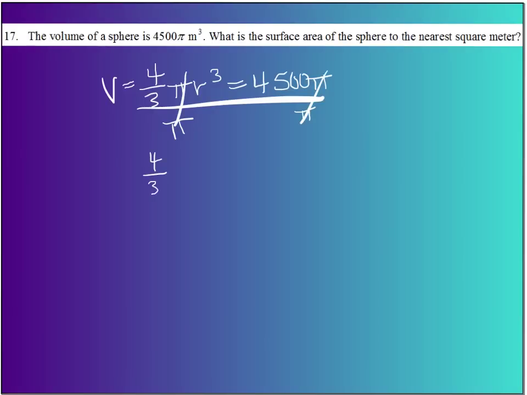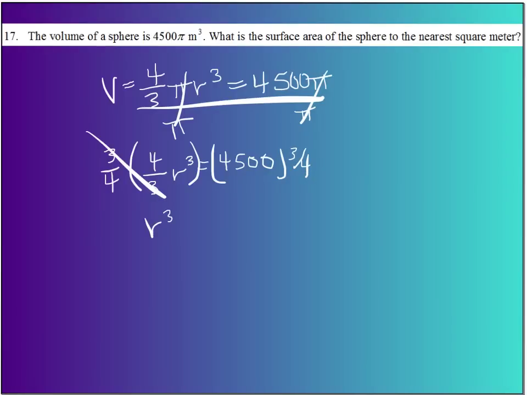Now, to get rid of this 4/3, I'm going to multiply by the reciprocal on both sides, which is 3/4. That makes it cancel on the left, and I'm just left with the r cubed. And then 4,500 times 3/4 is 3,375. Now, that's r cubed, but I don't care about that.